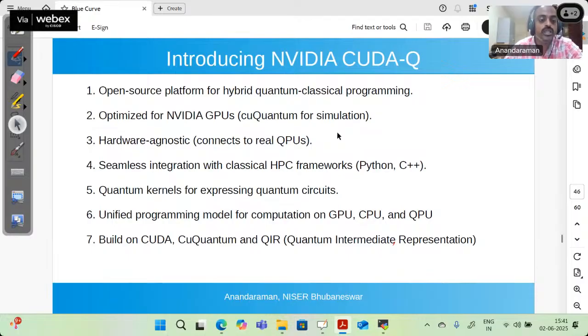It gives the framework so that quantum kernels and quantum circuits can be executed on the GPU itself. A unified programming model, so you can use CPU, QPU, GPU all.